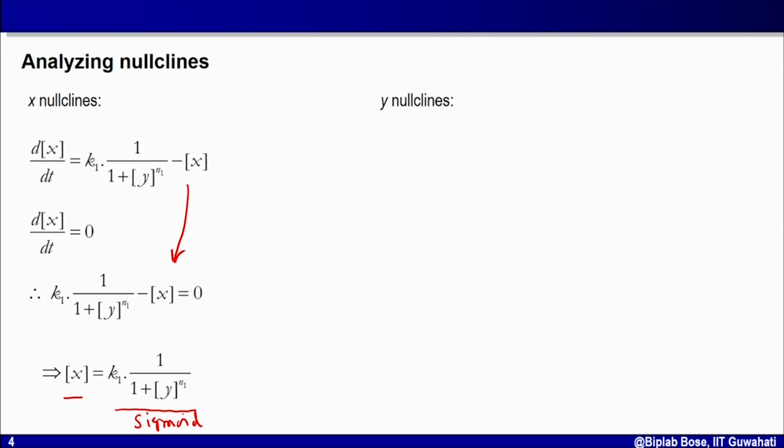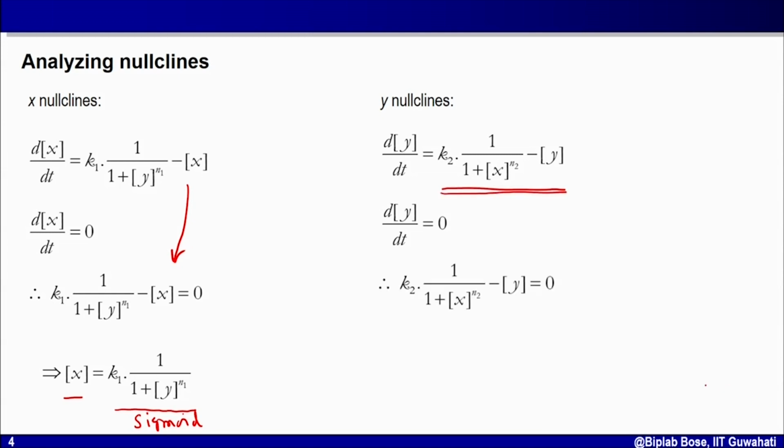Now I will look into the y null cline. For getting the y null cline, what do I have to do? I have to take the ODE for y. That is what I have taken here, the second ODE. Then I have to make dy/dt equal to 0. That is what I have done. If dy/dt is equal to 0, then these terms will be equal to 0. So k2 into 1 by 1 plus x to the power n2 minus y is equal to 0.